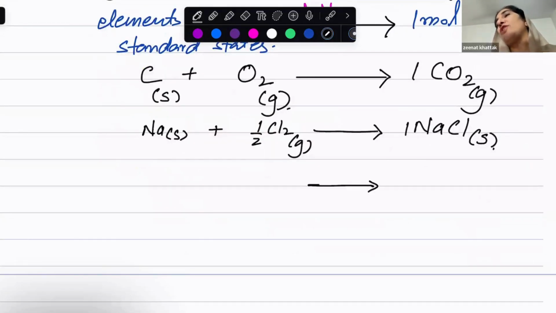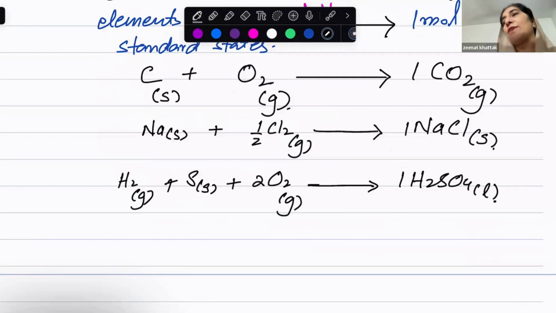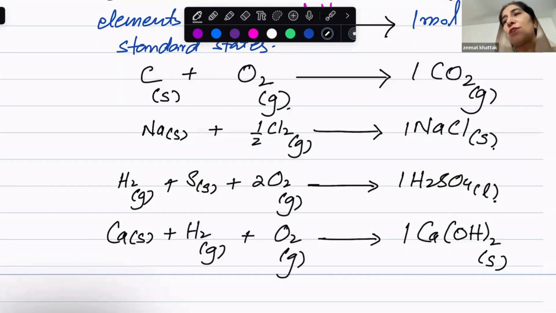Enthalpy change of formation of H2SO4, liquid, from hydrogen gas, sulfur solid, and oxygen gas. You are making 1 mole of calcium hydroxide from its elements. What are the elements? Calcium solid, hydrogen gas, and oxygen gas.